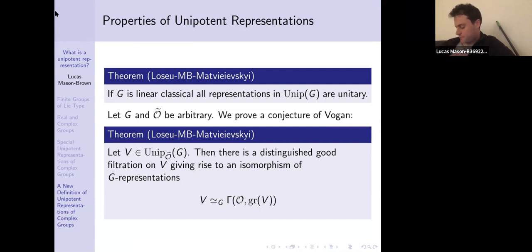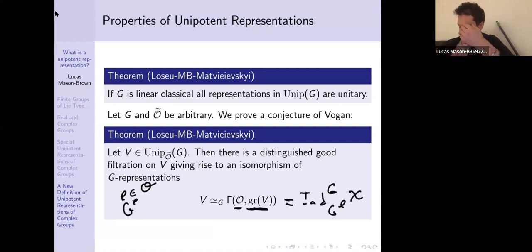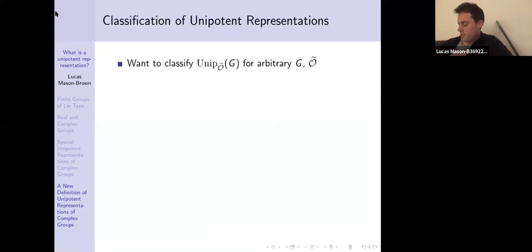We show that if V is a unipotent bimodule attached to O tilde, then there is a distinguished good filtration on V and an isomorphism of G representations between V and the global sections of a G-equivariant coherent sheaf over the orbit O. As a G representation, this is just some induced representation: you pick E in O, look at the centralizer of E, and induce the geometric fiber of this vector bundle from G_E up to G. So this shows that unipotent representations as G representations have this very pleasing form, as conjectured by Vogan.